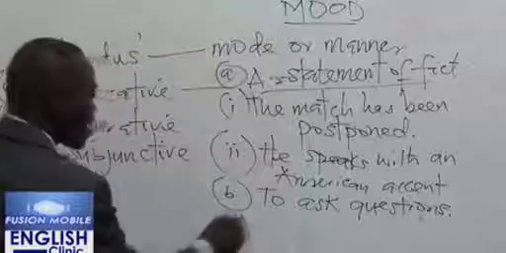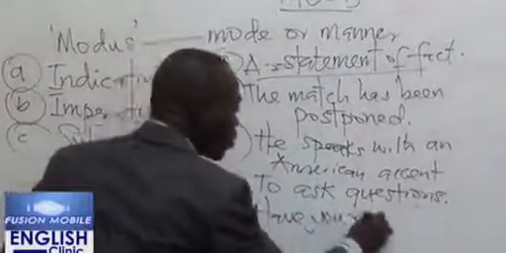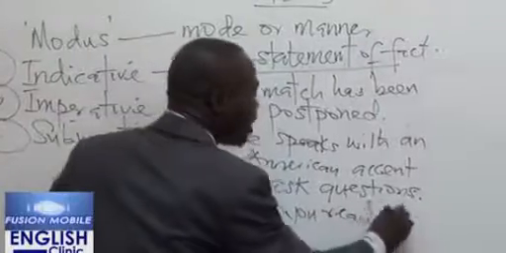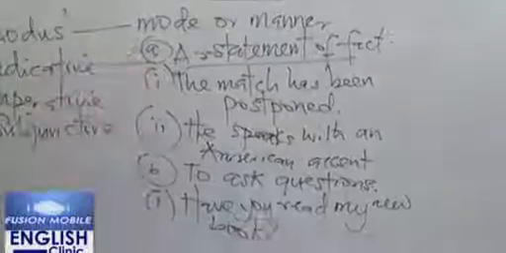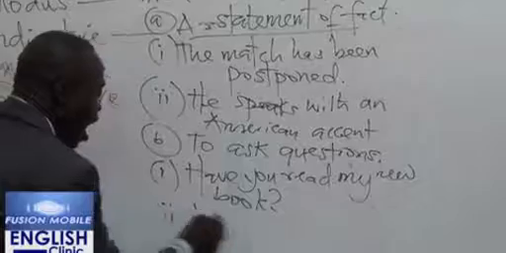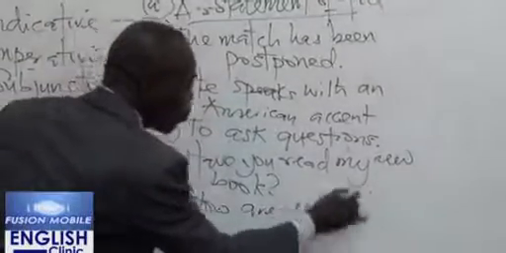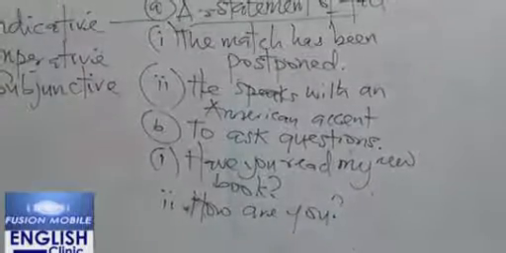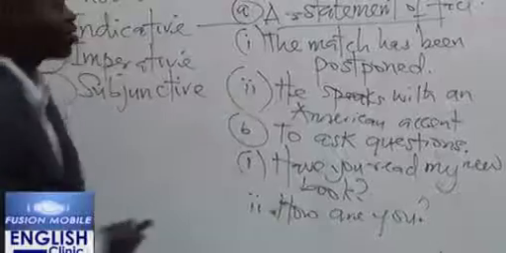Example, have you read my new book? Another example is, how are you? So the indicative mood is used to perform two things: to express a statement of fact, and to ask a question.